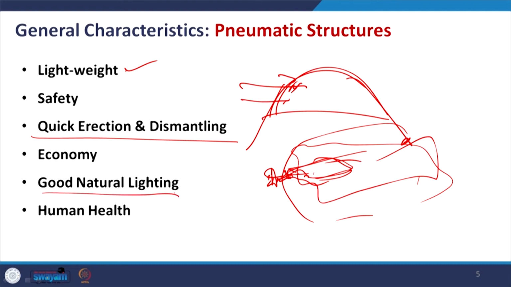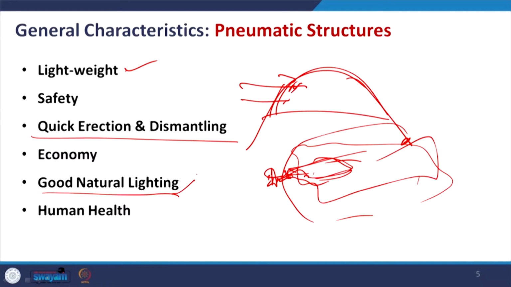In membrane structures we have discussed that translucency is one of the criteria to select the membrane. So, here it is true for this case as well, because it is also a membrane. The only difference is that there we gave support with the mast and the tensile cable, but here it is only the air. So, it has good natural lighting.